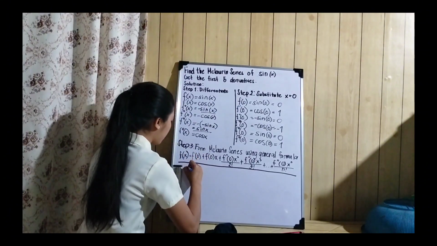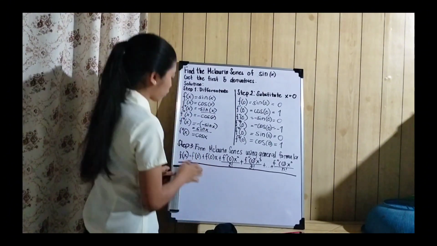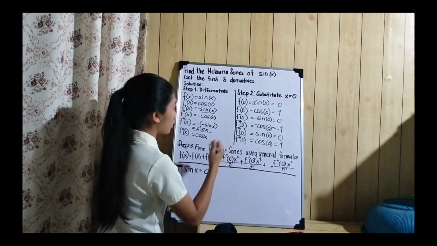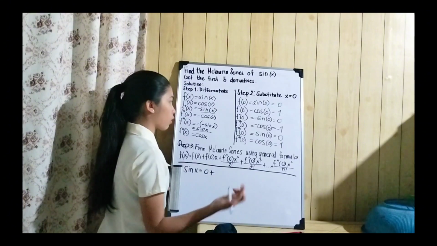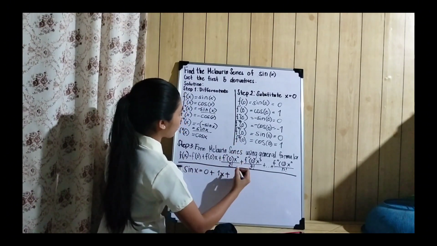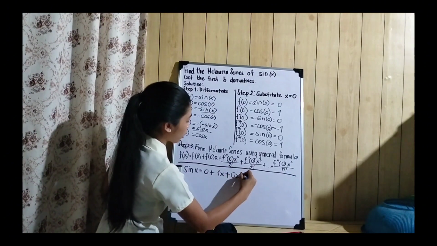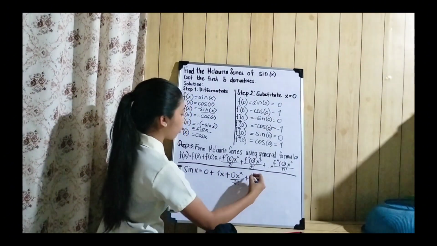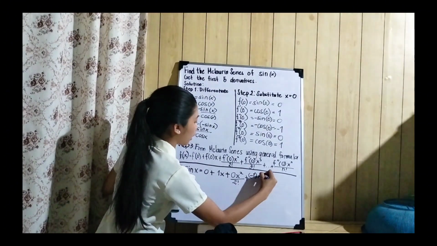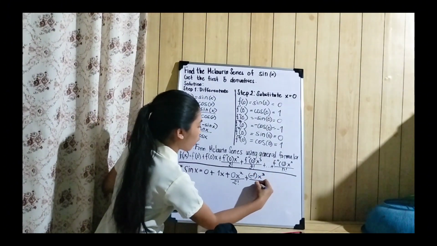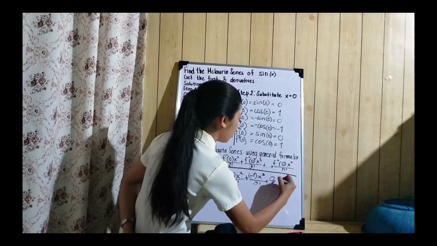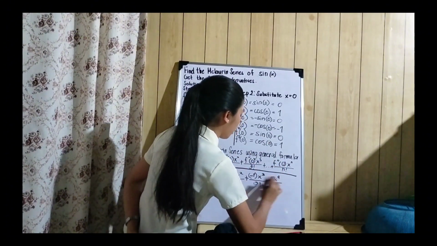So we will have sine of x, which is our function, is equal to our f sub 0, which is equal to 0, plus our first derivative, which is cosine of x, and substituted by 0, it will be 1x, plus our second derivative will be negative sine 0, which is 0x squared over 2 factorial, plus our third derivative substituted by 0 is equal to negative 1 x cubed over 3 factorial, plus the fourth derivative will be 0 again, so 0 x raised to 4 over 4 factorial.